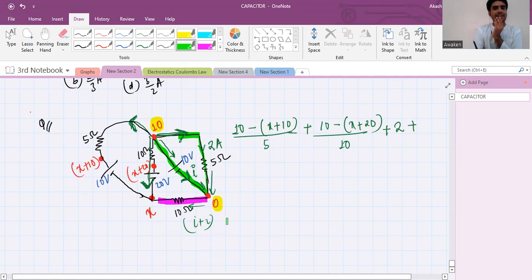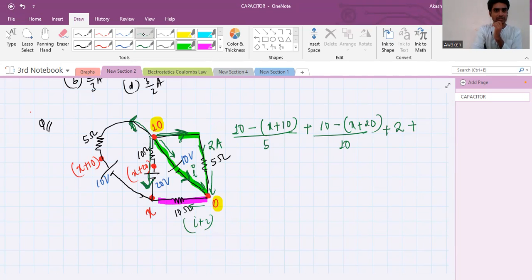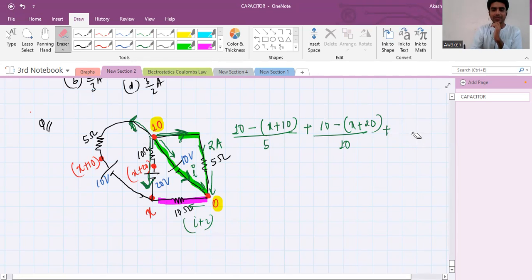What is the current in the pink branch? Rather than writing the individual currents in the two green branches, I will directly write the one in the pink branch. It's logical: the current going through those two green branches combines and comes through the pink branch.